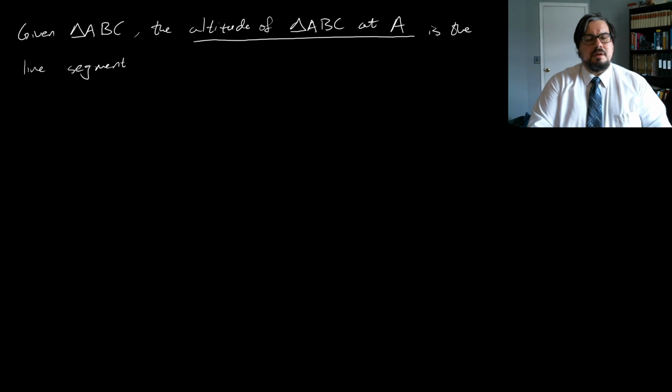So, first of all, we need some notation or some terminology. Given triangle ABC, the altitude of triangle ABC at A is the line segment AD, where D belongs to the line BC and the line AD is perpendicular to the line BC.